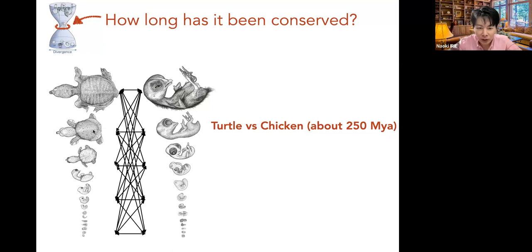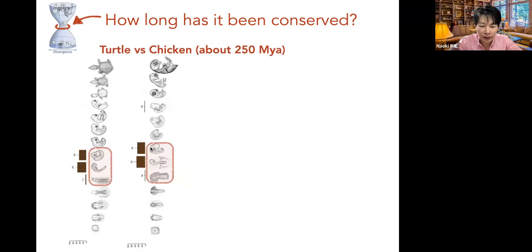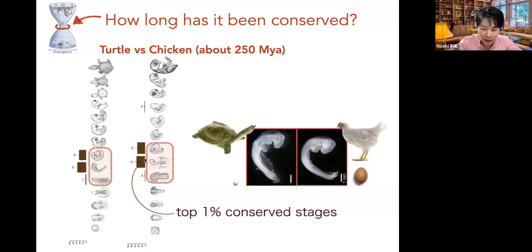Since there are no equivalent developmental stages, I did the comparisons in an all-to-all manner and found that these stages have a highly similar whole embryonic transcriptome. Whenever the bar is there, please think that this is more conserved.